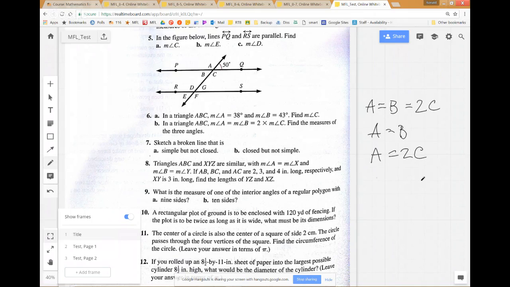Okay, so now the 3 angles add up to 180 degrees because they're the measures of triangles. Okay, so A plus B, which is the same as A, plus C. Let me explain.